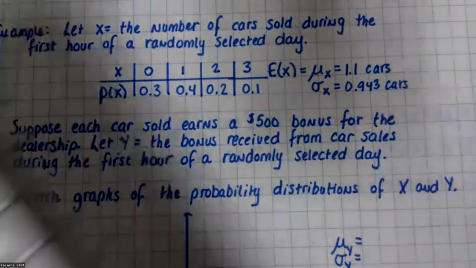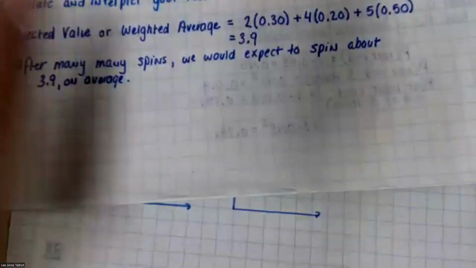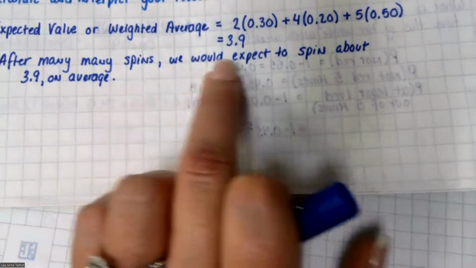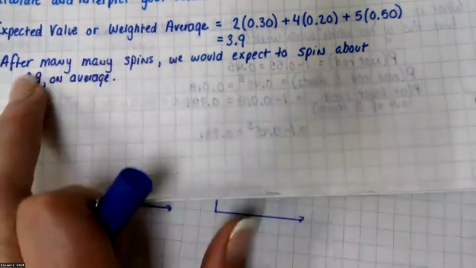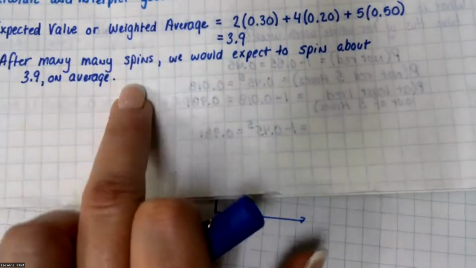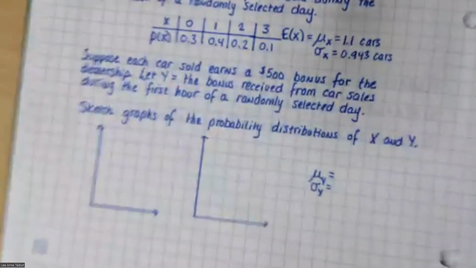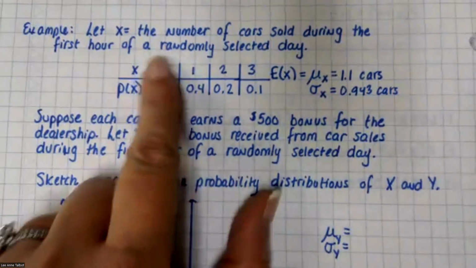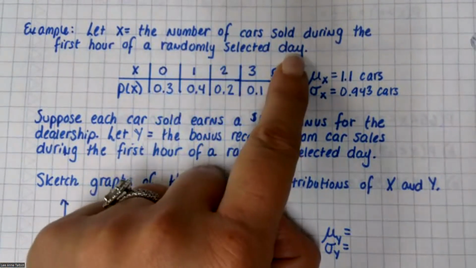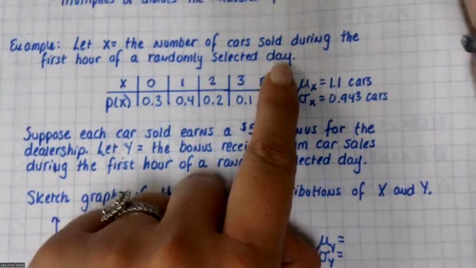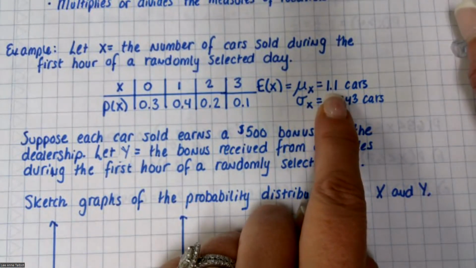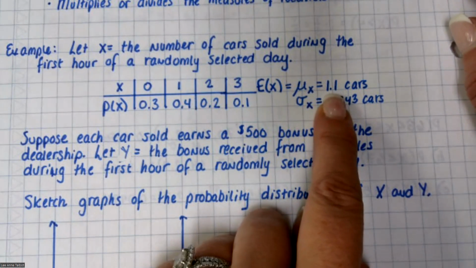And the sentence for that is: over many, many whatevers, we would expect about whatever on average. So ours would say over many, many randomly selected days, we would expect to sell about 1.1 cars in the first hour on average.